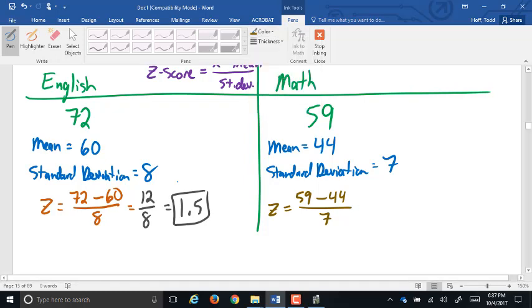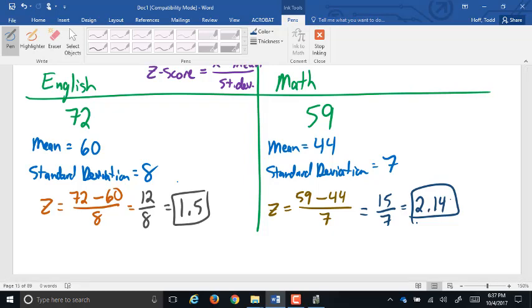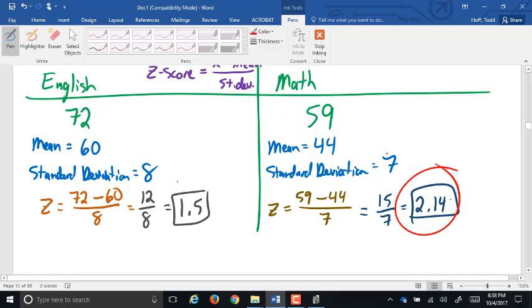So we'll subtract 59 minus 44, 15. 15 divided by 7 is 2.142857. We'll just go 2.14. You were 2.14 standard deviations better than the mean on the math test. Which one's more impressive? The math test.